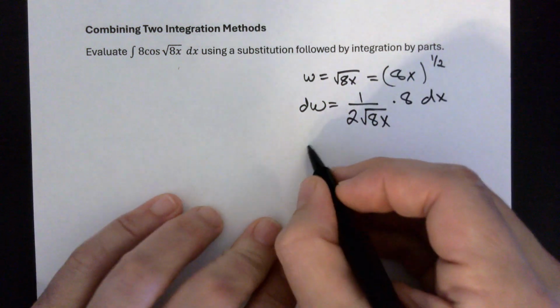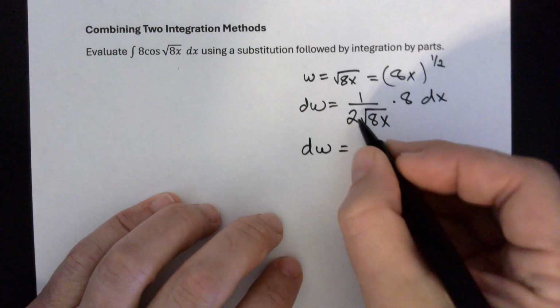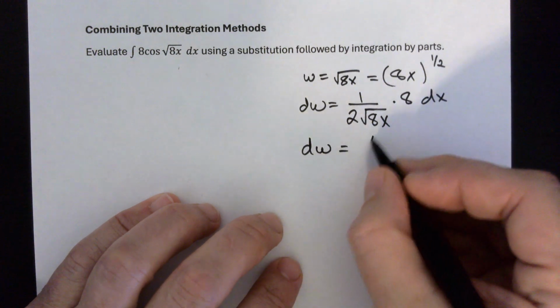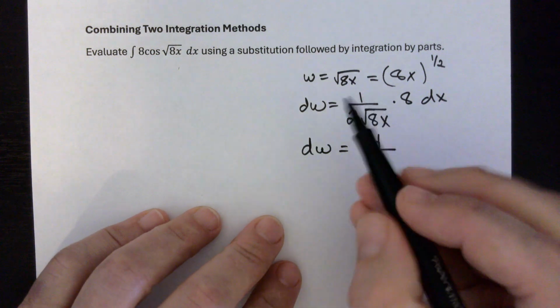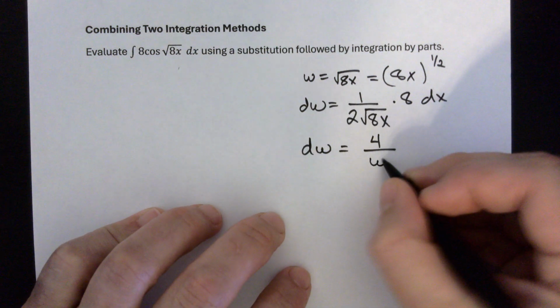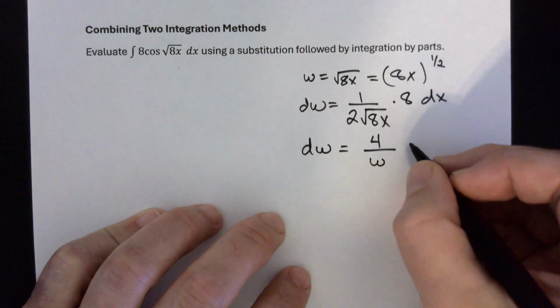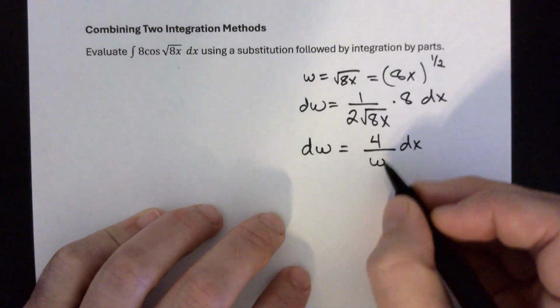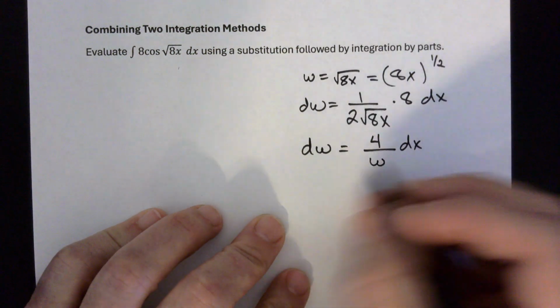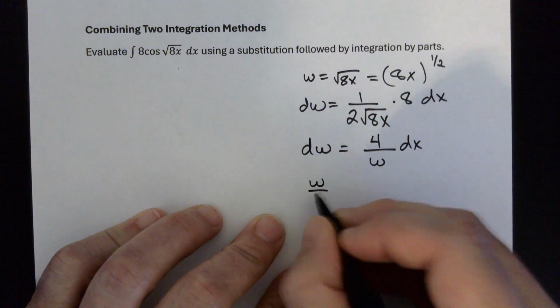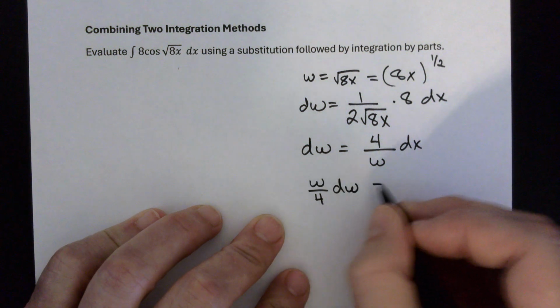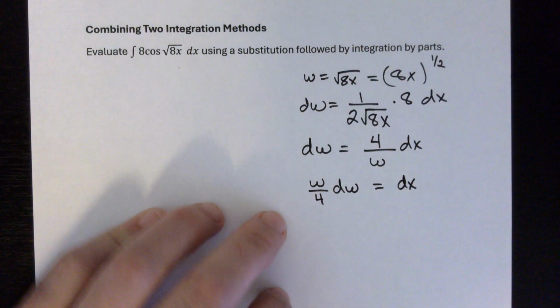If we clean that up, the 2 is on bottom, the 8 is on top, so that leaves a 4 on top. I'll convert the square root of 8x into w, and that's dx. If I solve for dx, I move the w over and divide by the 4, so I get w over 4 dw is equal to dx.